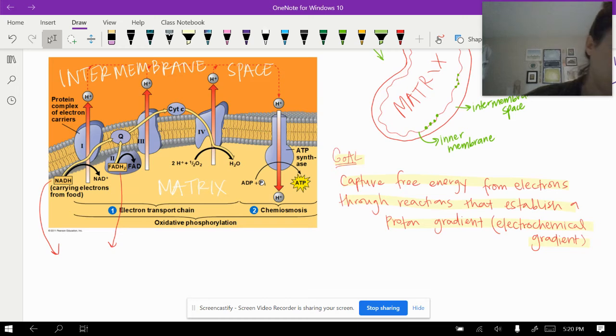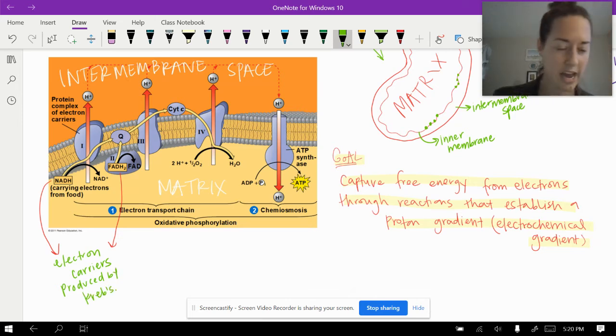So I'm going to say that these are my carriers produced by Krebs. And they have now arrived at the electron transport chain.